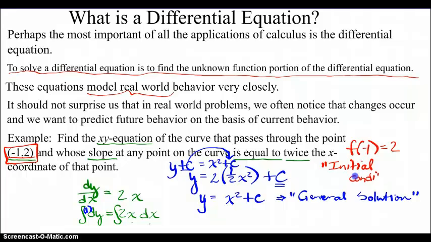That's terminology you need to know as well. They will give you the initial condition. And once they give you the initial condition, you can use that, because this is f of x equals y, right? This is an x, y point in the plane that you can plug into your general solution and get the specific solution. I'm right here at the end of this video, so I'll stop here and we'll pick this up in the next video.